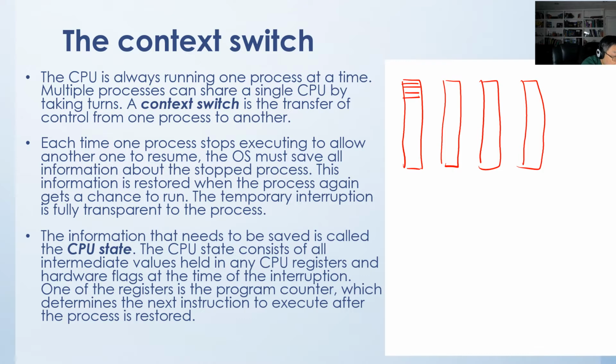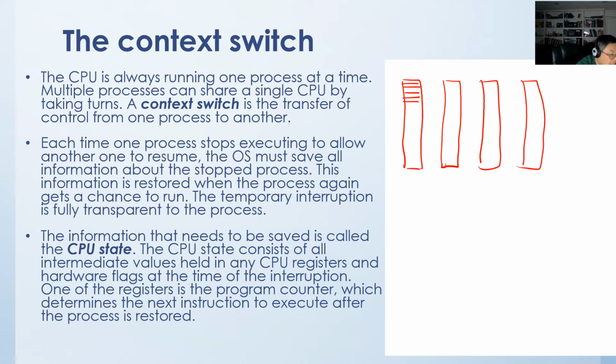The CPU may stop the current process and switch to another process, and after a while switch to another. Each time, one process stops executing to allow another one to resume. So the CPU moves back and forth among these different processes.